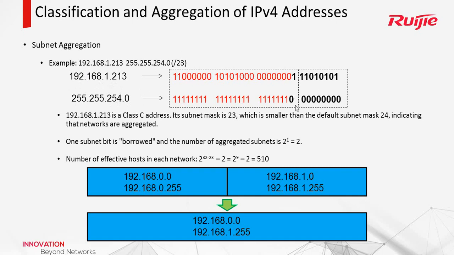It means we borrow 1 bit from the network to the host. So this time, how many hosts can be used? 2 to the power 9, because 8 plus 1 equals 9, and then minus 2 equals 510.